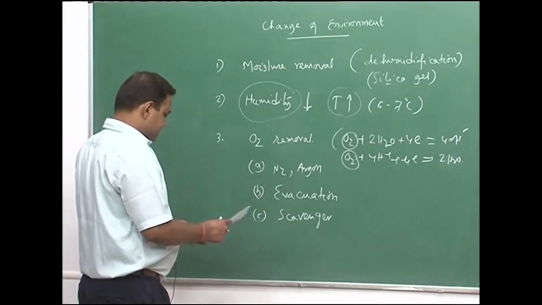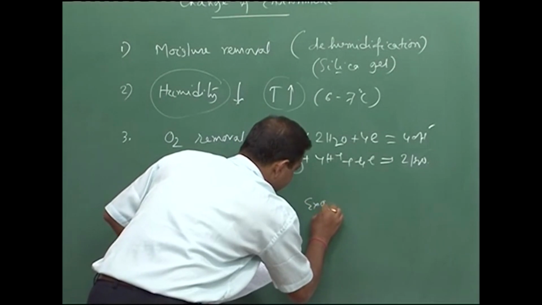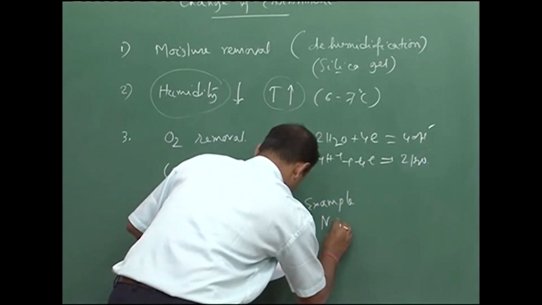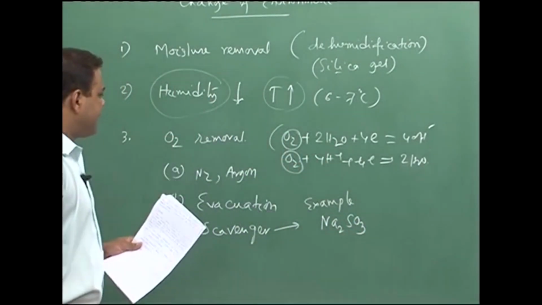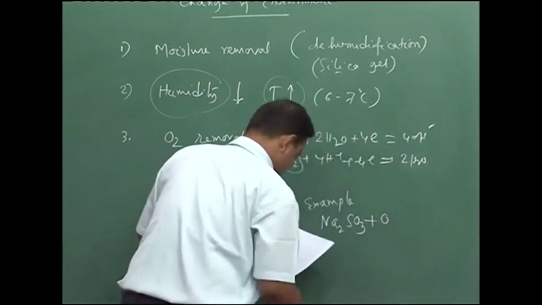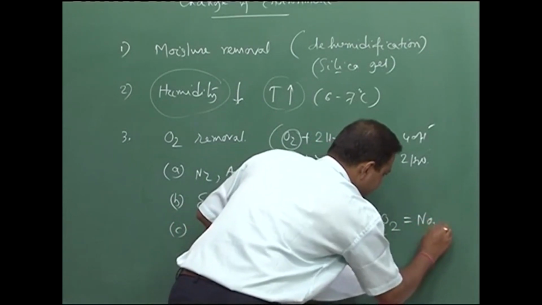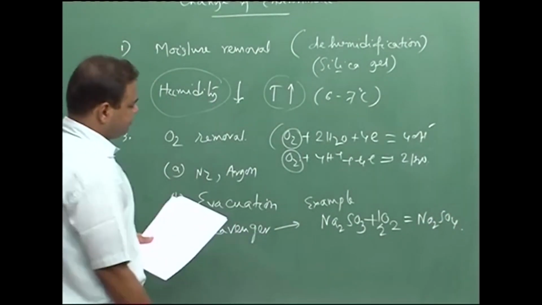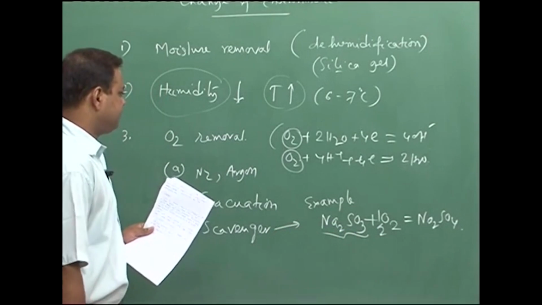One such example is Na2SO3. If we add that in the solution, it will react with dissolved oxygen and form Na2SO4, and this is one scavenger which is active.